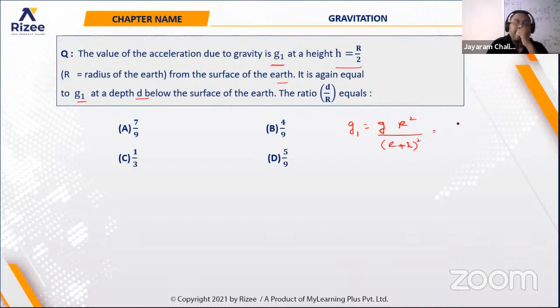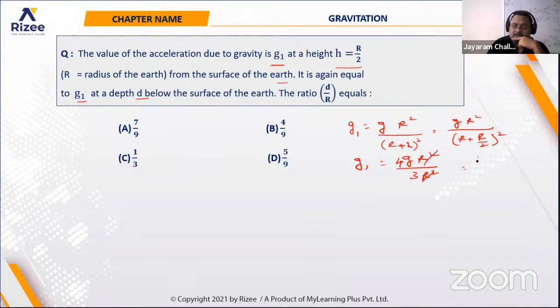Since h is equal to R by 2, your value will be g into R square by R plus R by 2 whole square. Solve this, then g1 is equal to g into R square by 9R square by 4, that is, 4 by 9.